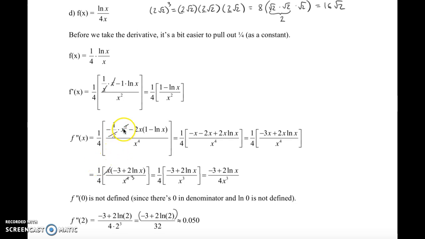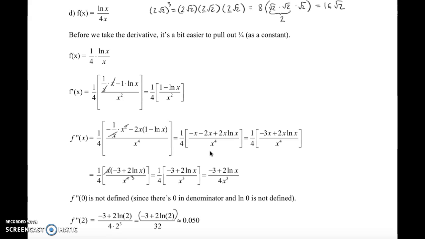We're going to go ahead and cancel one of these x squareds out with the x in the denominator. But remember, we have a negative here. We have 1x left over, so we have negative x. And then we're going to distribute the minus 2x into it, so we have negative 2x. Plus, because there's going to be a sign change right here, 2x ln of x all over our x to the 4th.